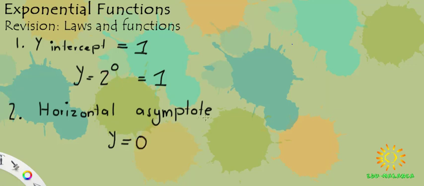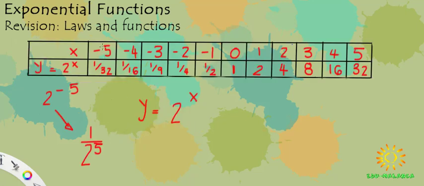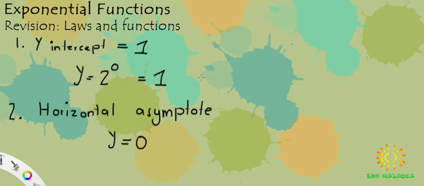An asymptote of a graph occurs when you have a line in which the graph will get closer and closer and closer, but it will never actually be it. So for example, the smallest number that we had, when x is -5, y is equal to 1 over 32. Let's check, for example, where x is equal to -10. If you put that in your calculator, your y, which is equal to 2 to the power of -10, is going to equal 1 over 1024.